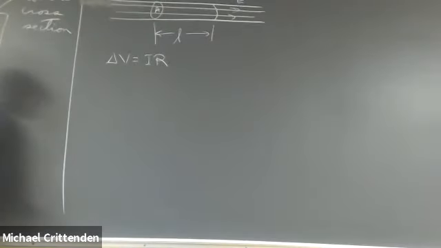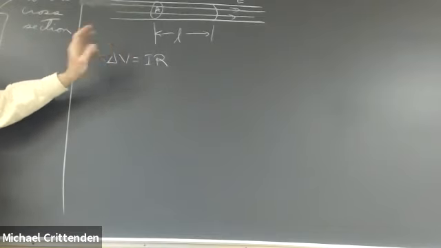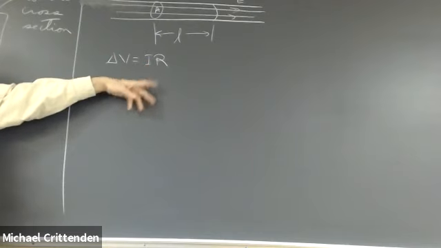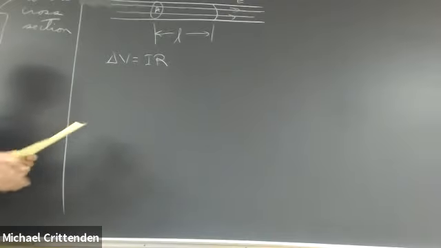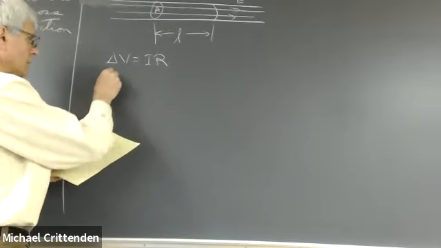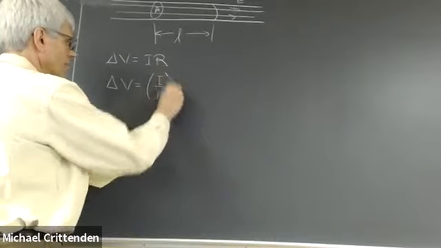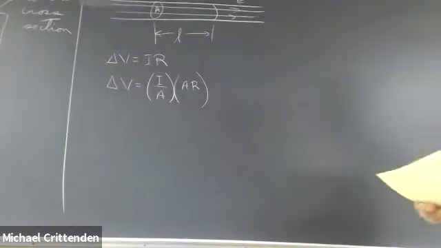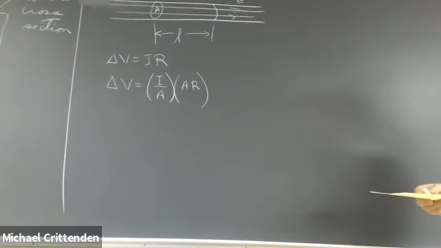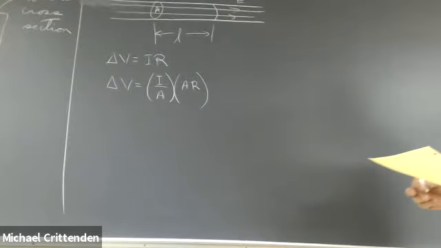Ohm's law. The potential difference between one end of this section of wire and the other is equal to the current flowing through it times the resistance of that section of wire. Introduce a factor of A over A, where A is the wire's cross section. That's just like multiplying by 1, so that's legitimate.